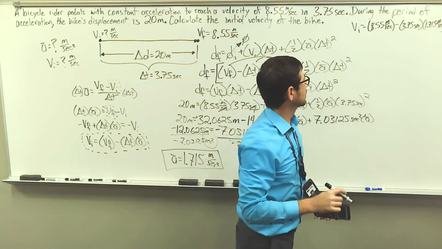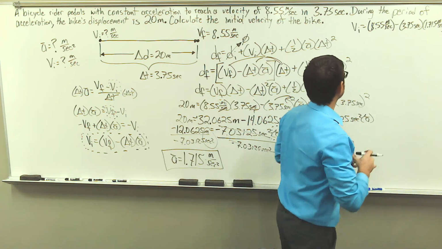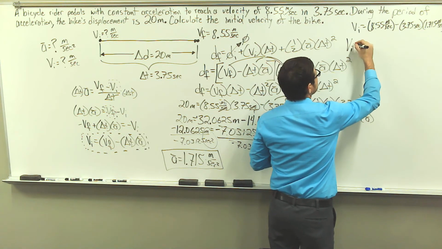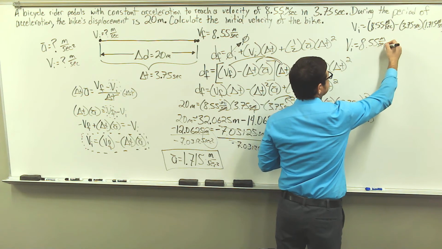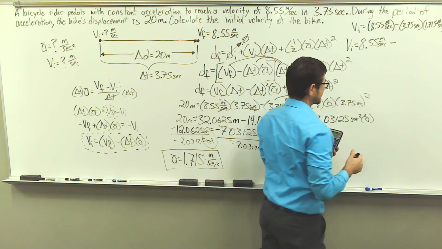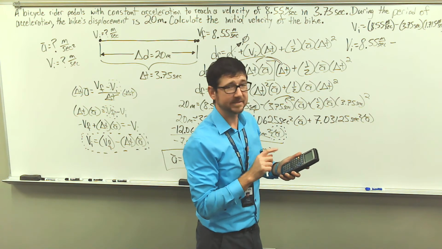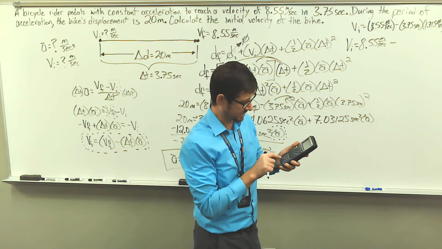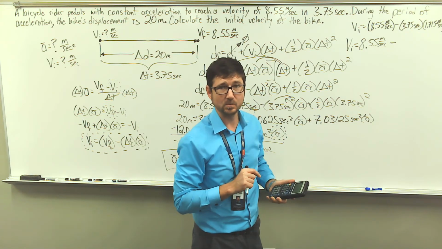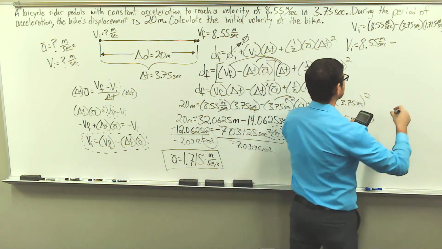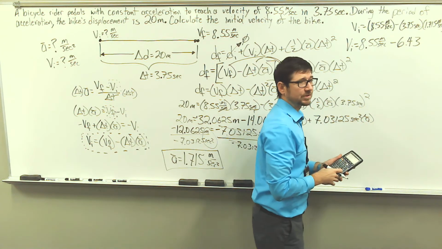Okay? So we're going to take the product of these two values here. So initial velocity is equal to 8.55 meters per second minus 3.75 seconds times 1.715 meters per second squared. This gives me 6.43. Now let's take a look at the units.